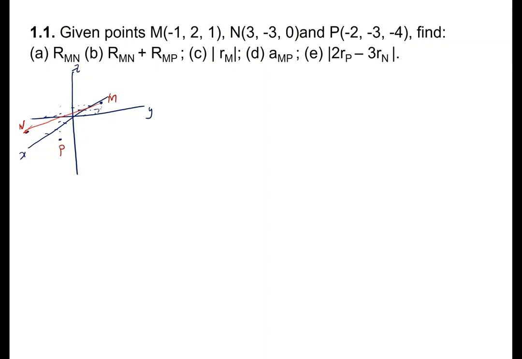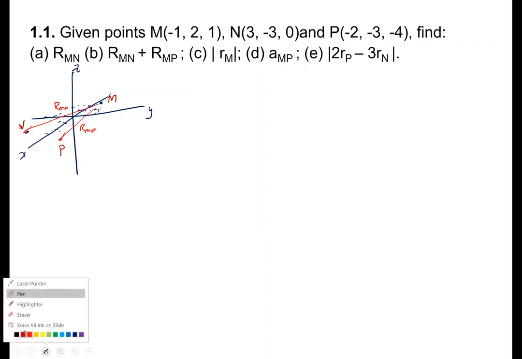The other one, letter B, is the addition of two vectors, RMN plus RMP. So you add the two vectors. This is the RMP, and this is the RMN. First we solve for the RMN.